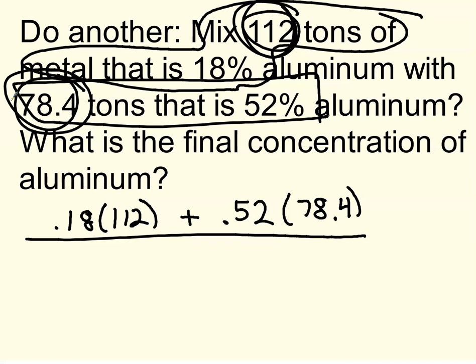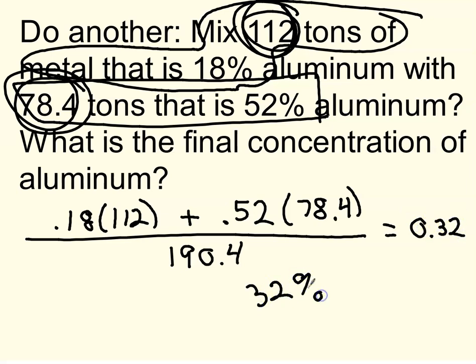No, sorry. Wow, 180. Yeah, 190.4. Got that? Took me a little while. So 190.4. And then we'll just do this calculation and see what percent we get. I get 0.32 when I'm all done. So 32% aluminum is the final concentration.